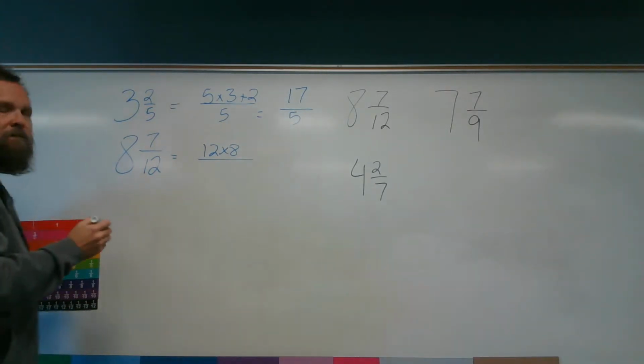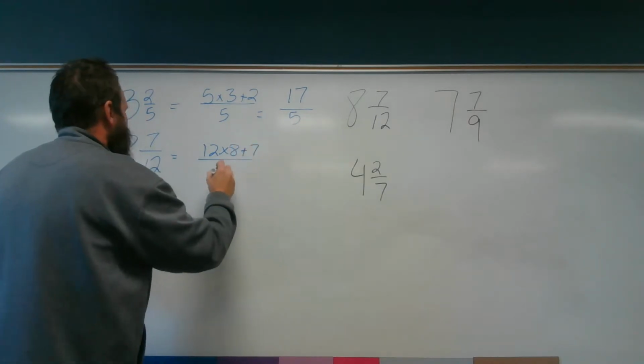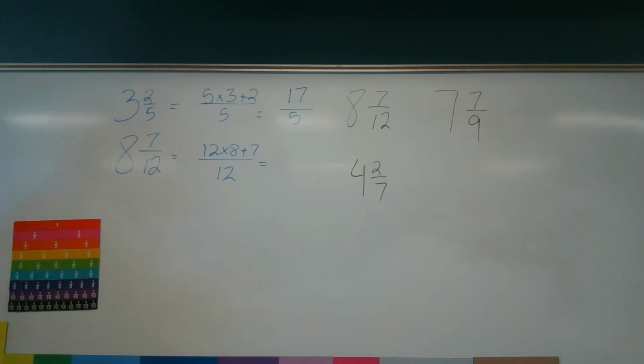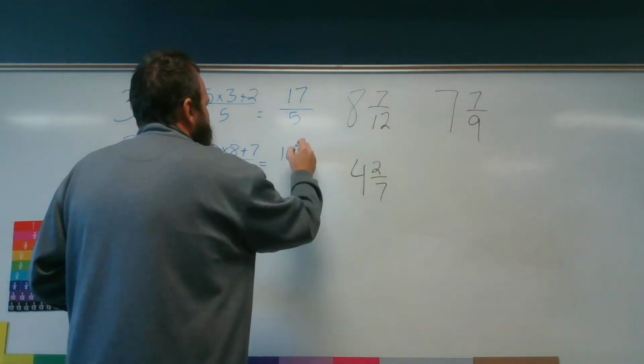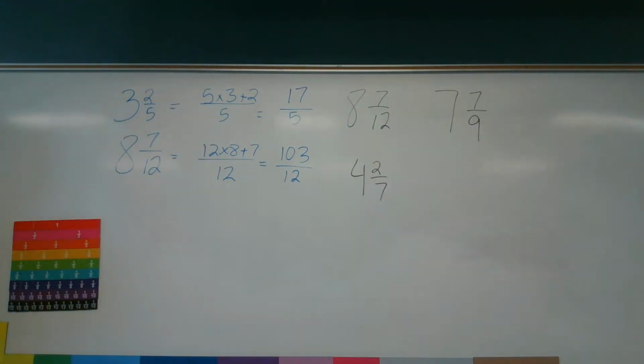Plus 7 is the numerator, and that equals 103. And the denominator stays 12, so 103 over 12. Let's see, 96, 97, 98, 99, 100, 101, 102, 103. It is 103 over 12, as long as I counted with my fingers correctly.